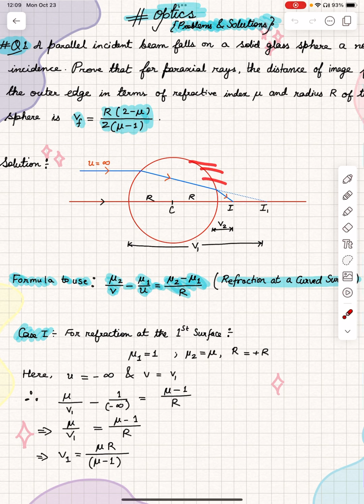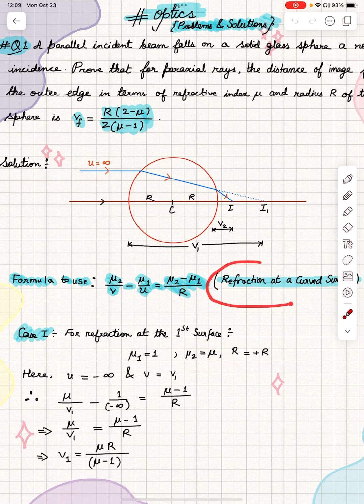Had this second surface not been there, then the image would have been formed in the region of the first spherical surface, which has a refractive index mu. So mu2 is taken to be mu, and the radius of curvature of this surface is plus r, because it is along the direction of the incident ray.